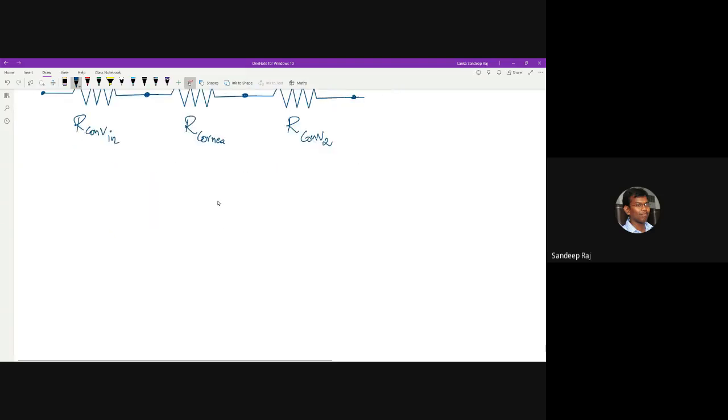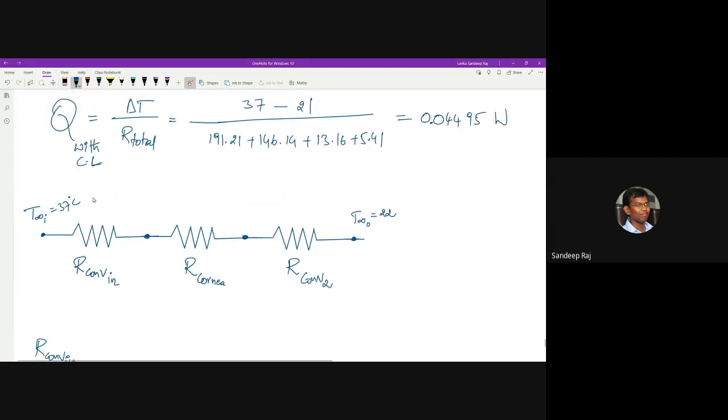Now, tell me what is R convection in this case. I'm going to the second case, which is without contact lens. This is the case I'm considering.